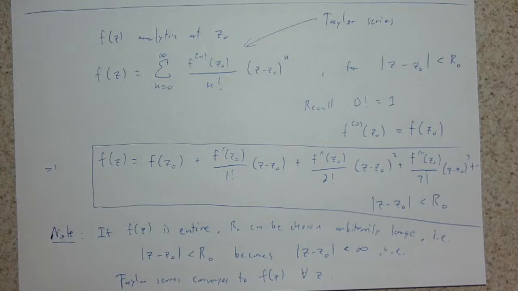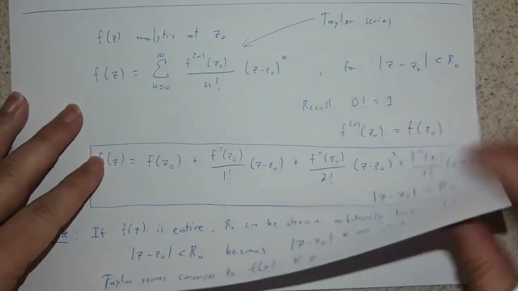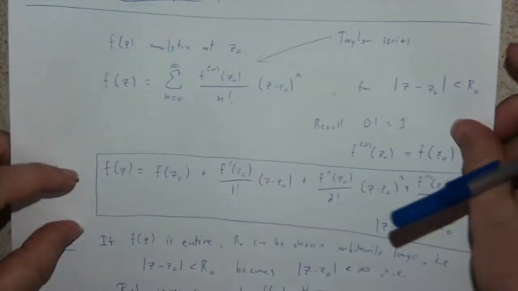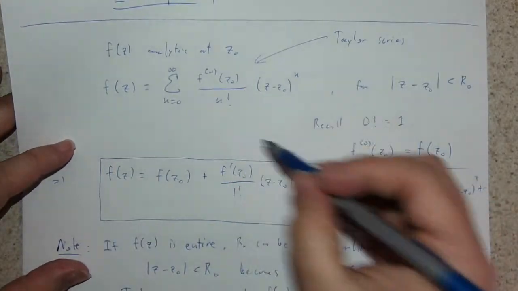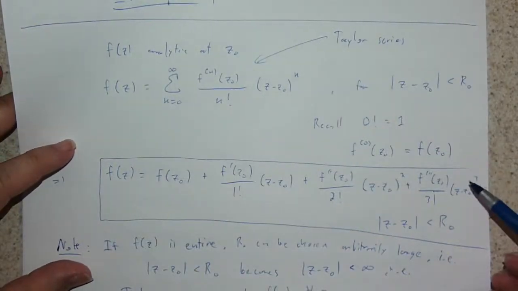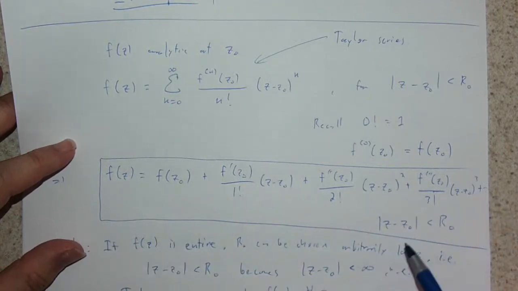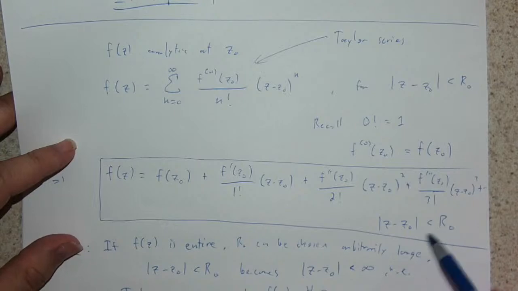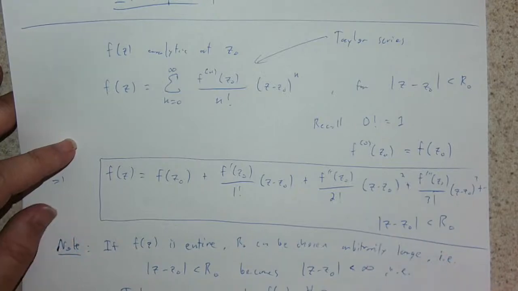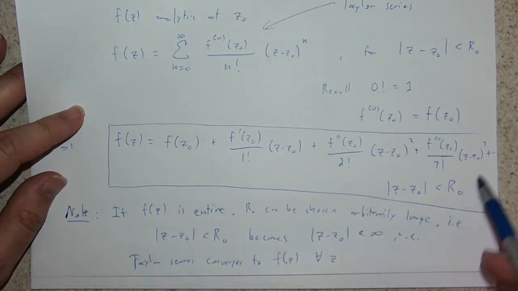Okay. All right, so what else to say here? All right, being careful with the terminology. That's if we went through the case of if f is analytic at a point, it's got this Taylor series expansion about that point, and this holds for z within some radius r naught of that point z naught. If it's entire, then I have this on the entire complex plane.